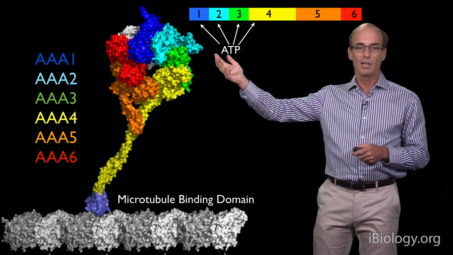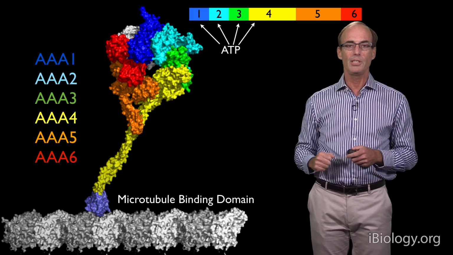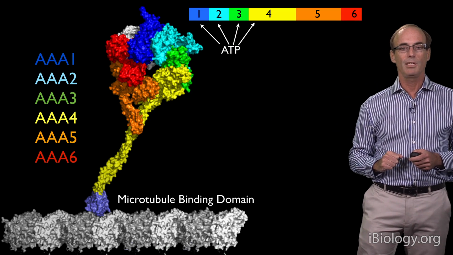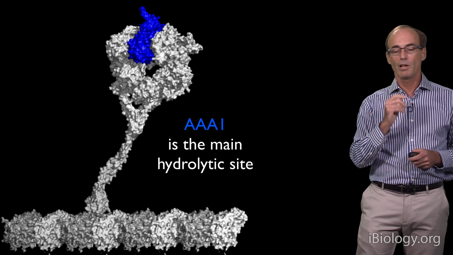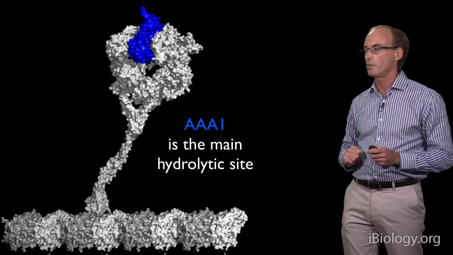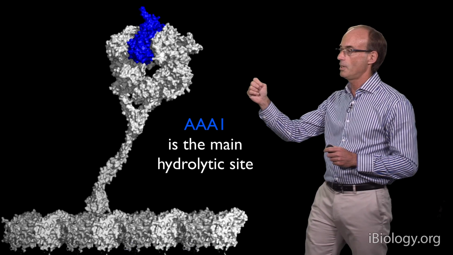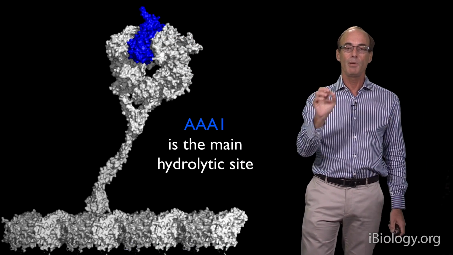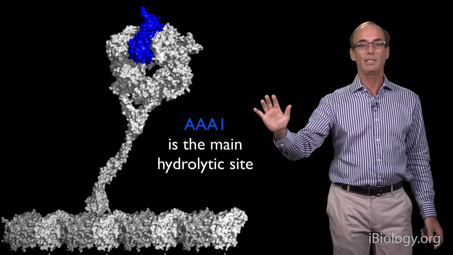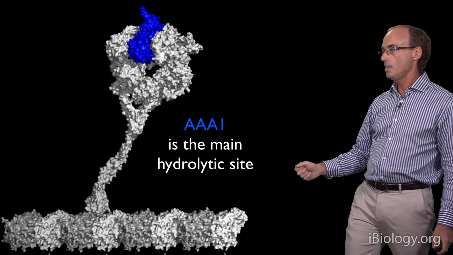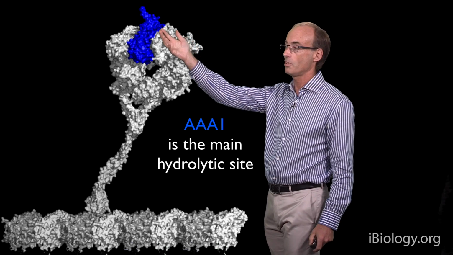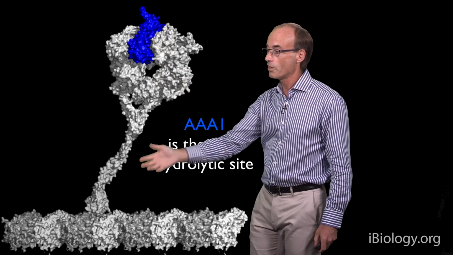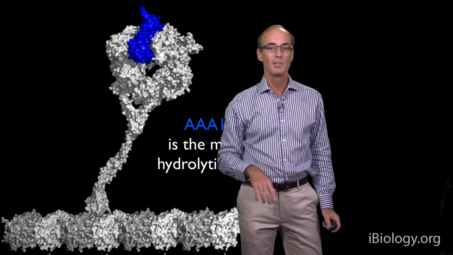And they're all color-coded in the same way that you see in this linear diagram here. Now, I'll focus on a few important components. So the first is AAA1. So this is, again, the main hydrolytic site. If you make a mutation in AAA1, you completely knock out dynein motility. And interestingly, this AAA1 is actually the region that's farthest away from the microtubule.